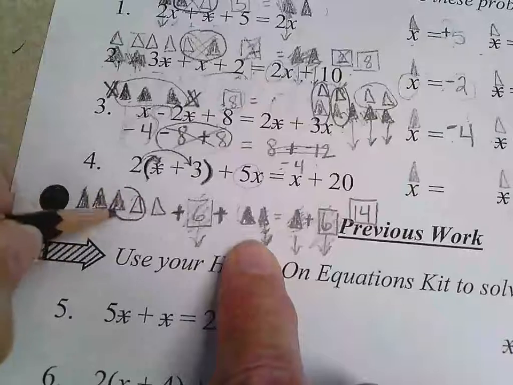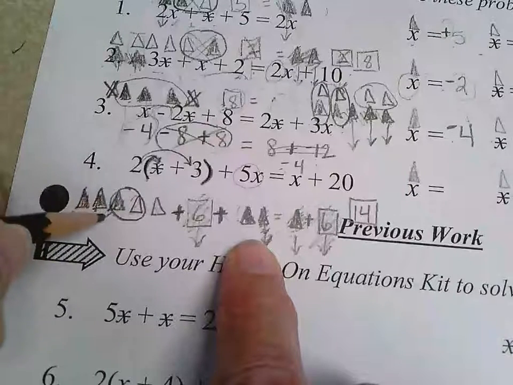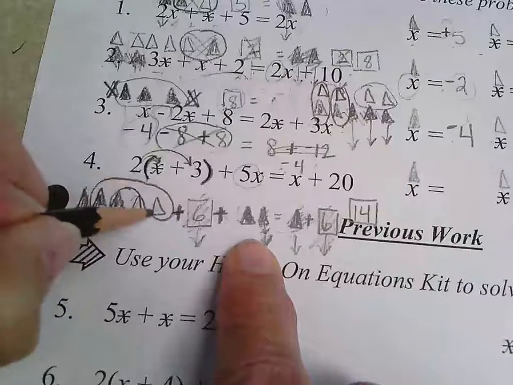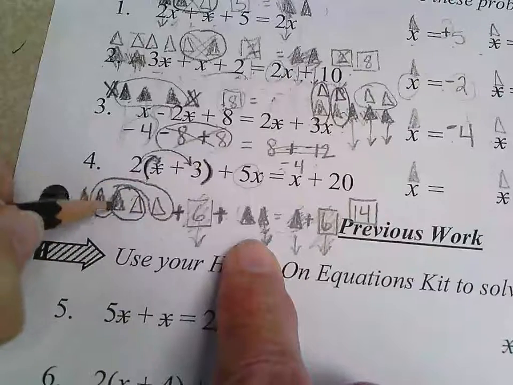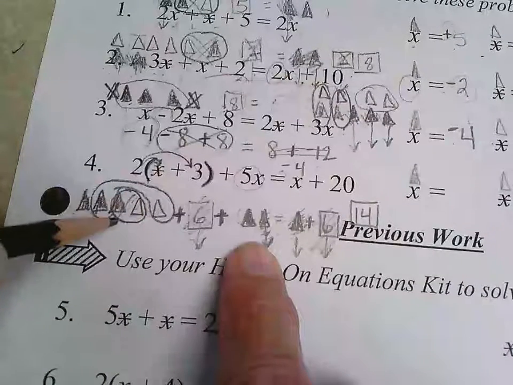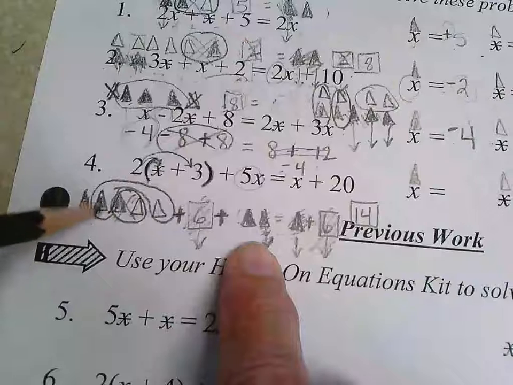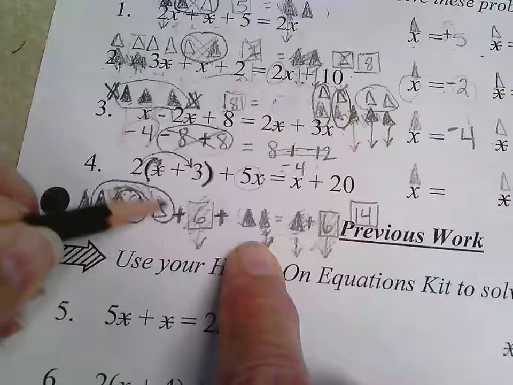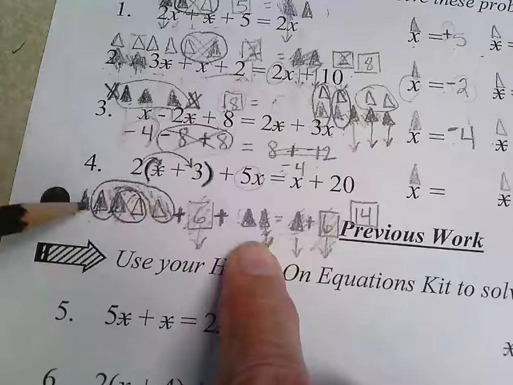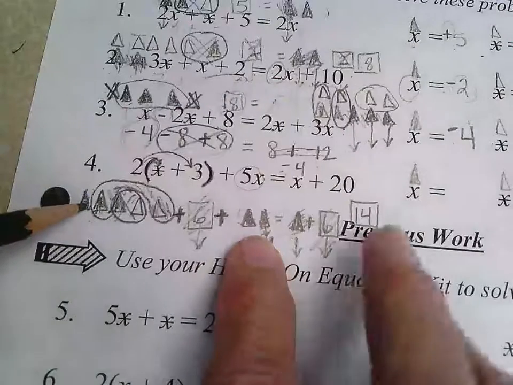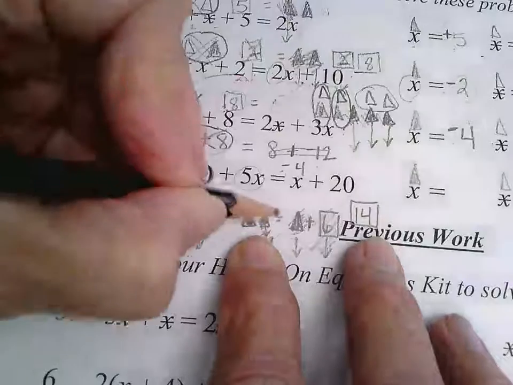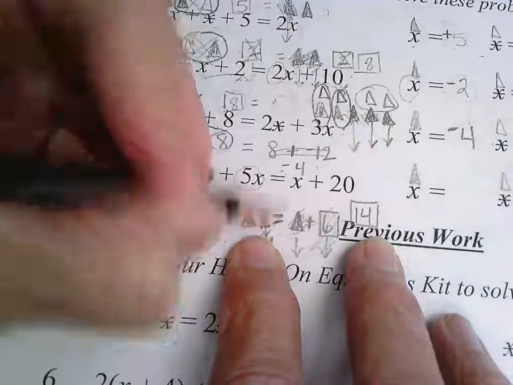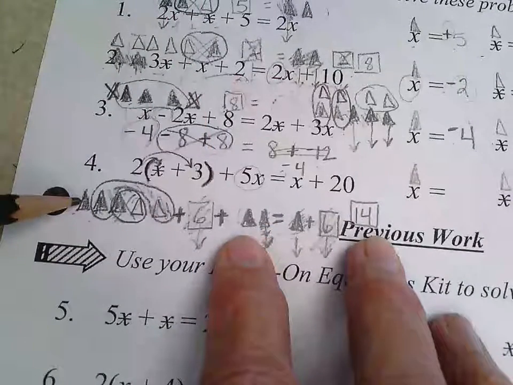Well, I can find 0 pairs over here. So I'm going to loop around and catch that one. And so these are a 0 pair, and these are a 0 pair. So what I'm left with is this one right here and this one right here, and when I add those 2 together, they have to equal 14.